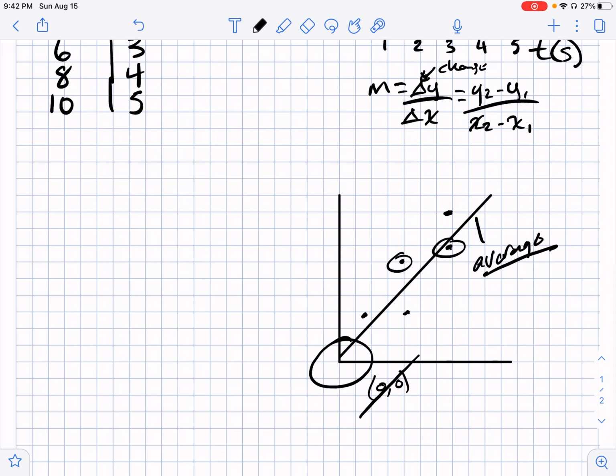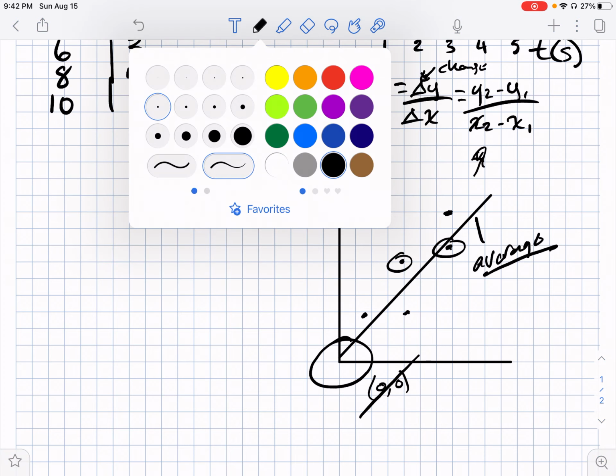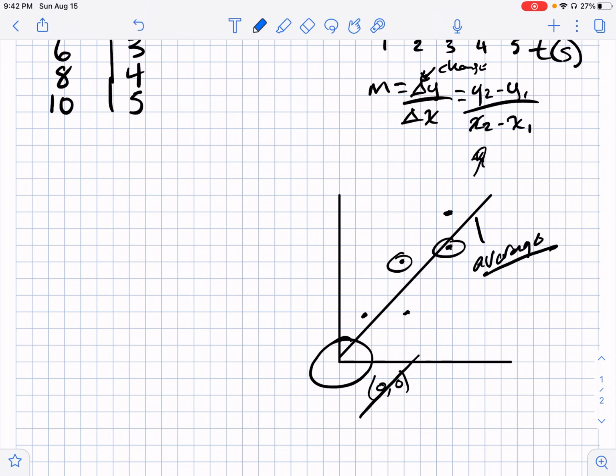If I looked at my data table and said, oh, those would be easy to work with, and I plug them into this formula and find the slope, what I've just done is find the slope of a line that would go through those 2 points, that would look something like that. And you can see that line is nothing like our best fit line that we had made.